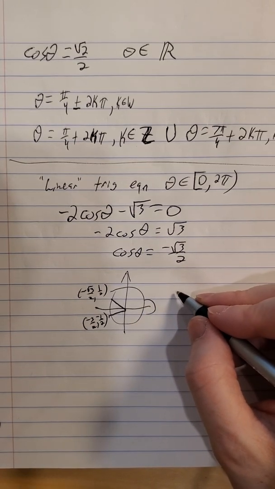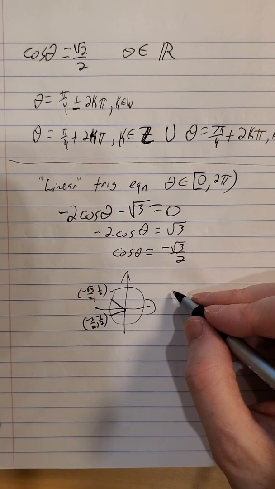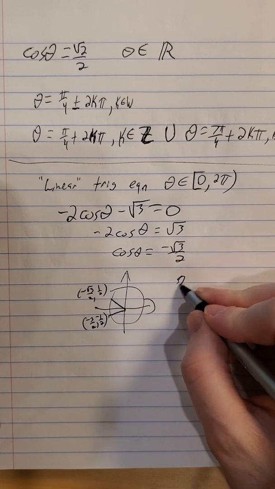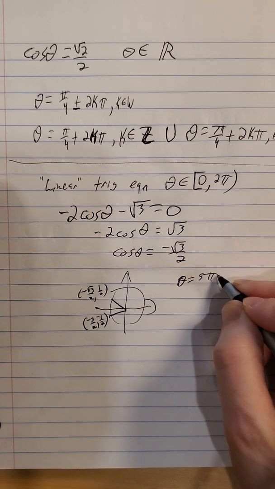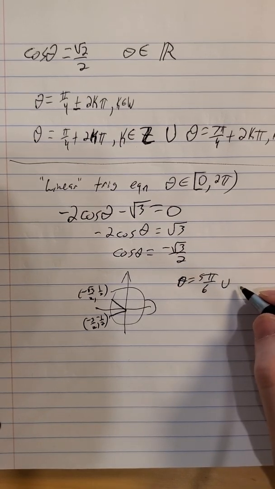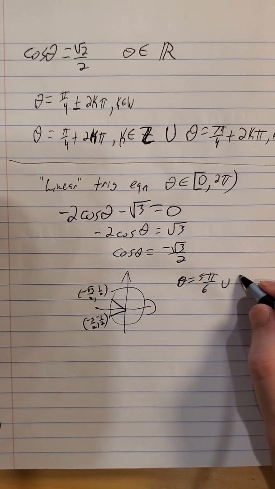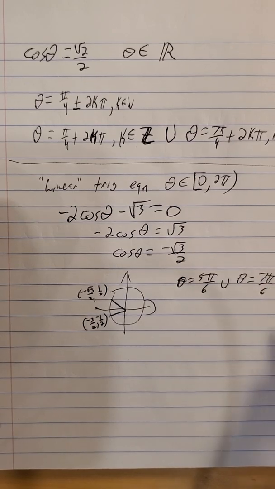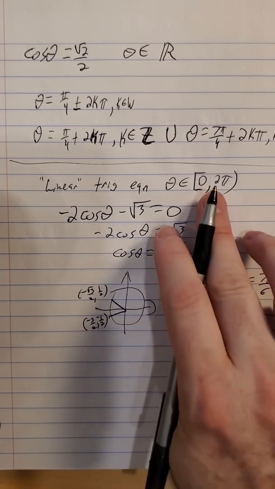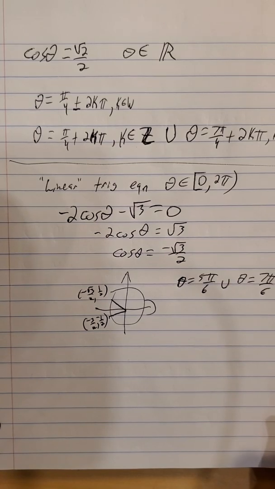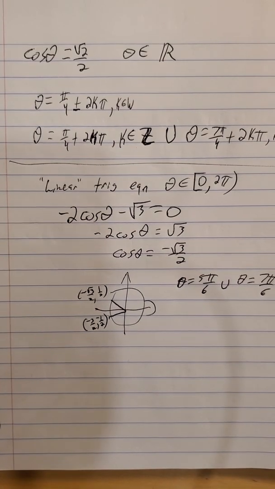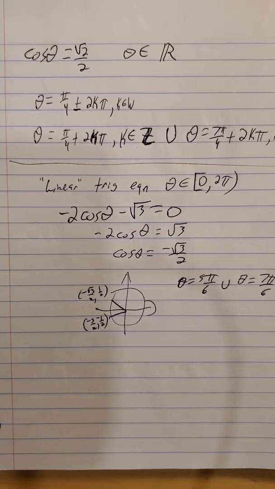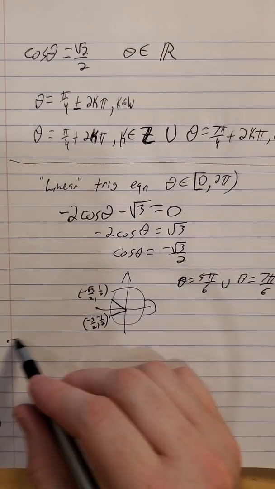So that would be pi minus pi over 6, so 6 pi over 6 minus pi over 6, 5 pi over 6. Or pi plus pi over 6, so 7 pi over 6. We don't need the plus 2k pi because they restricted the domain for us on this one. So 2 spots where that can happen, 30 degrees above and below 180.